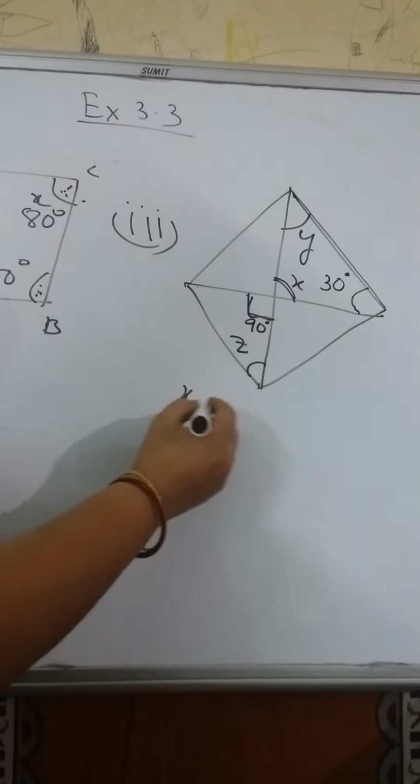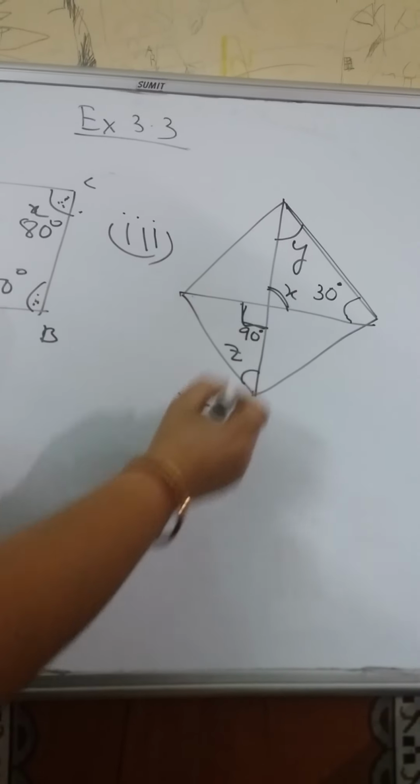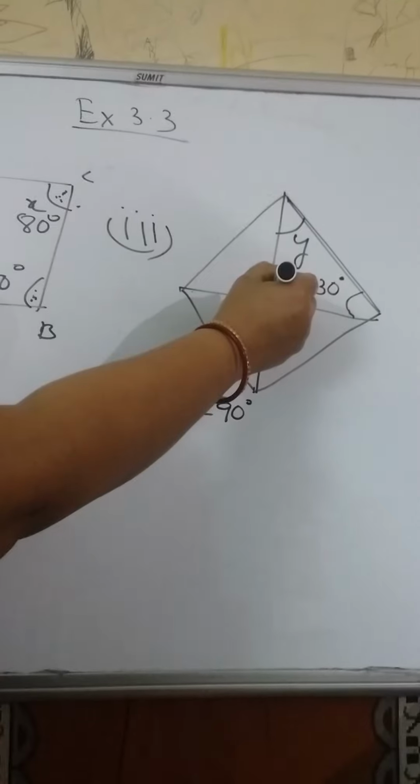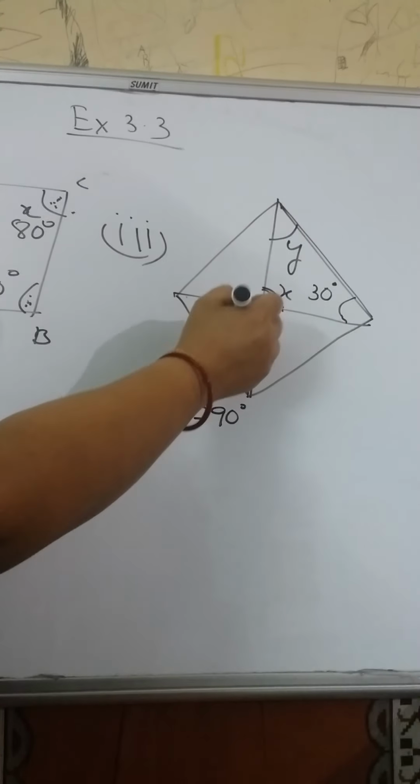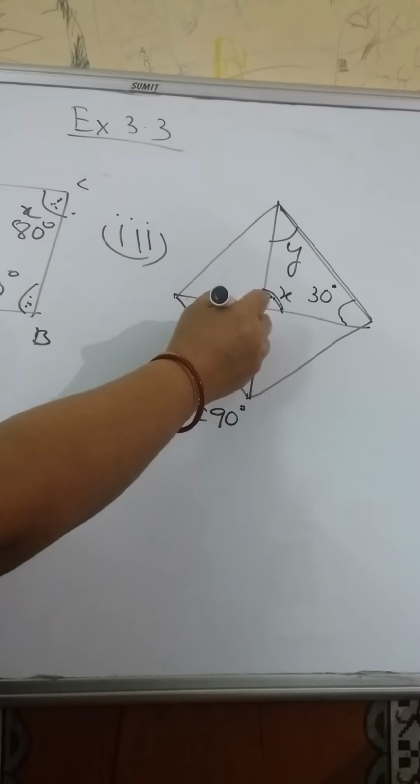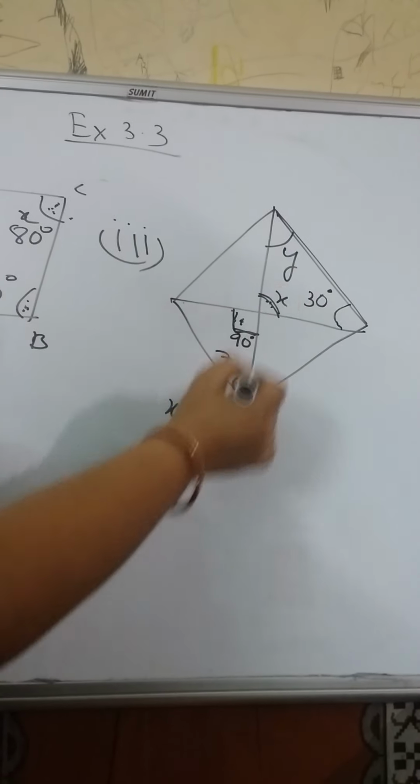So x equals 90 degrees because these are opposite angles. We have studied this in class 7. So x equals 90 degrees.